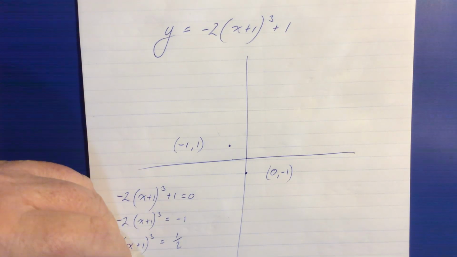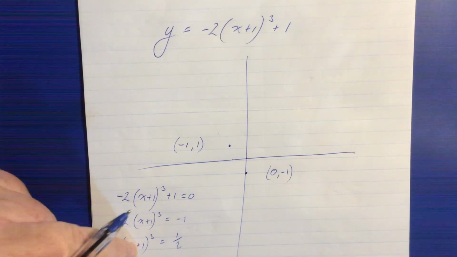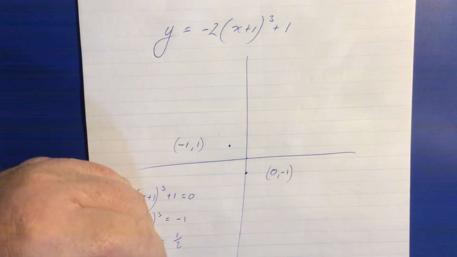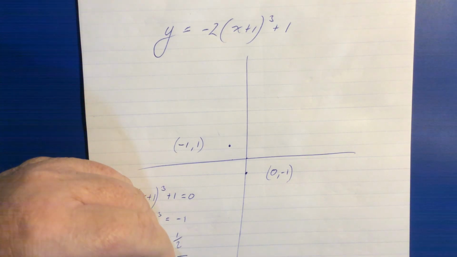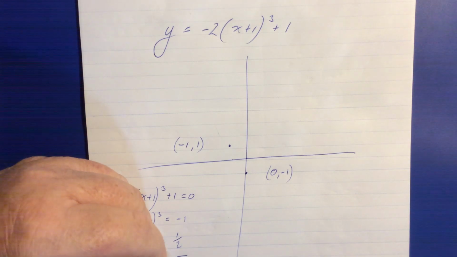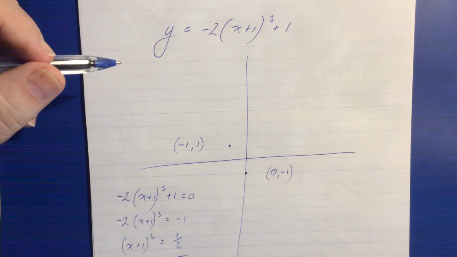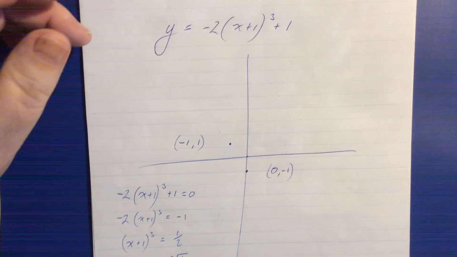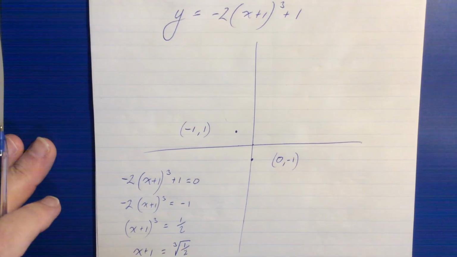So x plus 1, the third root of this, is equal to the third root of 1/2. Now I hope all of that makes sense.